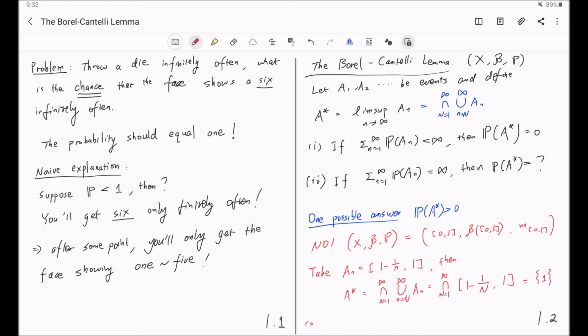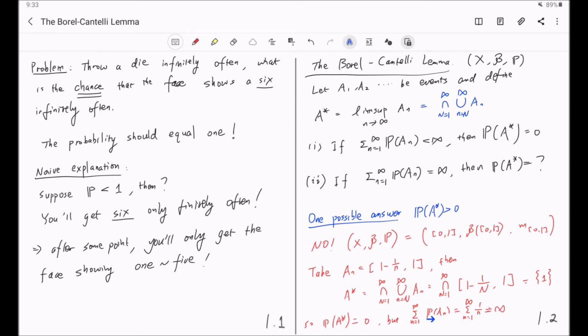So the probability of A star is equal to 0 because the Lebesgue measure of the singleton is 0. But at the same time, if you take the sum of the probabilities of all those A sub n's, what you get is the summation of 1 over n from n equal to 1 to infinity, which is infinity.